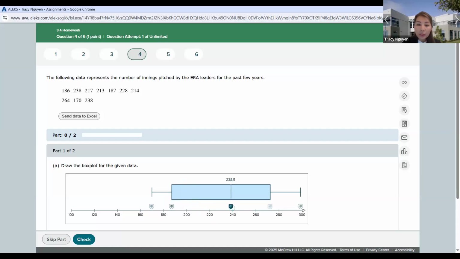Our Q2 is 215.5. Our Q3 is 238. And our maximum value is 264.